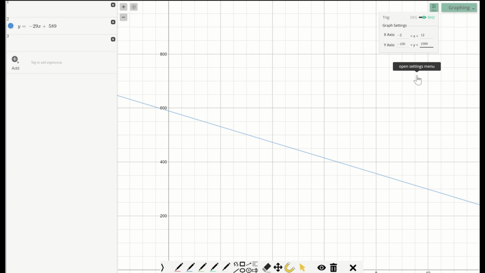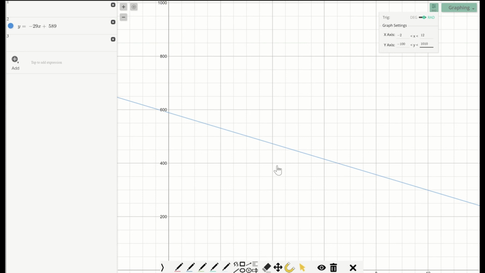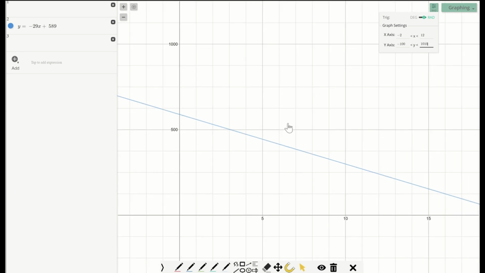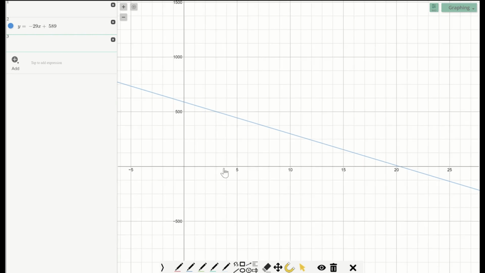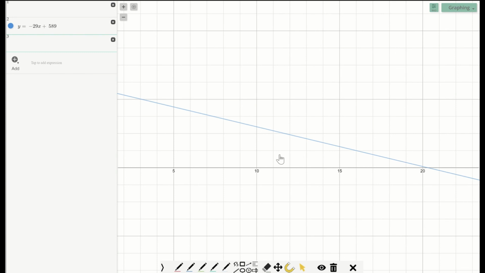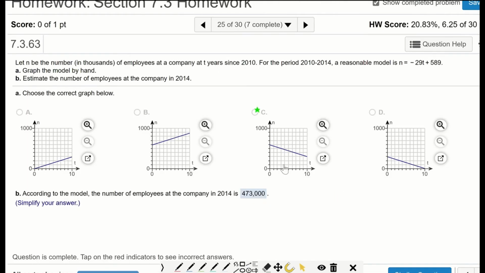I meant, say, 1,000, like there. Okay, if you make it a little bit smaller, we can see the graph quite nicely. And now when you go back, since your scale is much more similar to the one they're showing, you'll be able to recognize much better which graph it is, right?